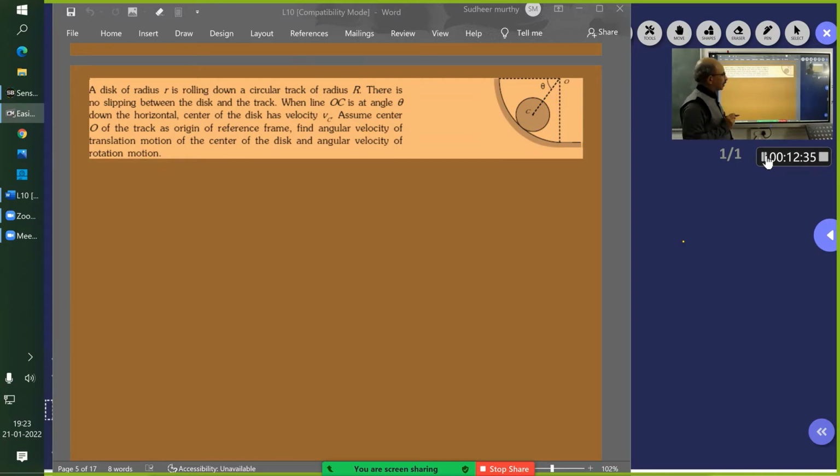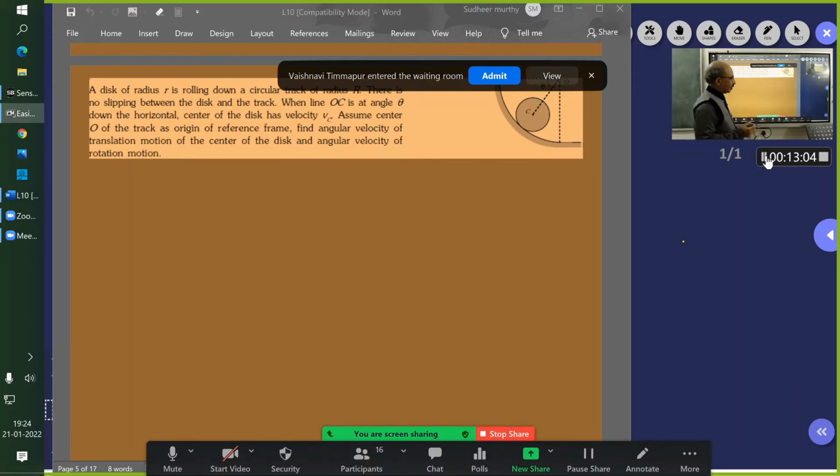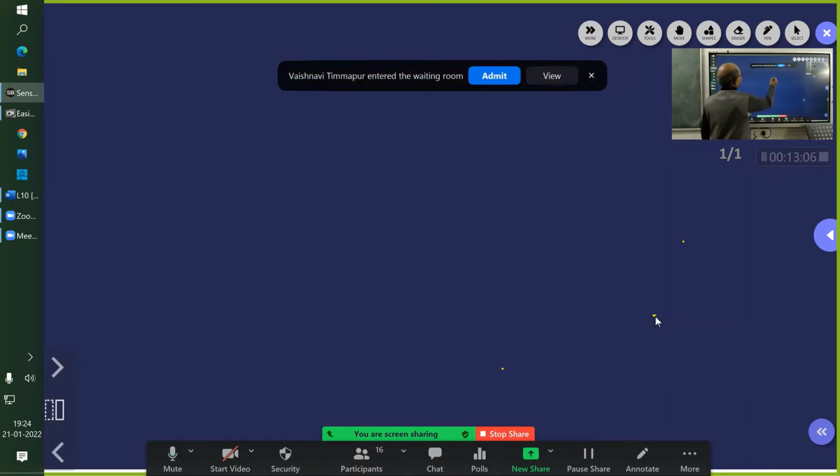Now, first of all, how did you model this disk? You can use the concept of center of mass. The center of mass of the disk will be at C. For the purpose of analysis, you can think that the disk is a point mass located at C, and this C is moving in an arc. I think that will be the first model that you can do.